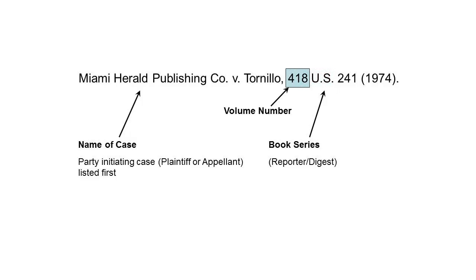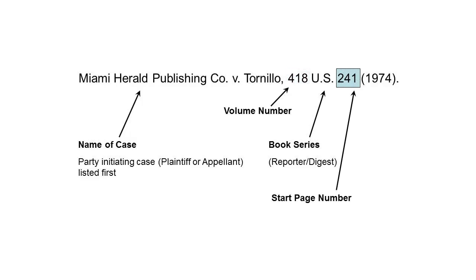Once we find the series of U.S. Reports, the number in front of that tells us the volume number. And U.S. Reports, as I've mentioned, is going to be a series of books. They're going to be piled up on a wall and a shelf in the library. And this is telling us that I want to look for volume number 418.